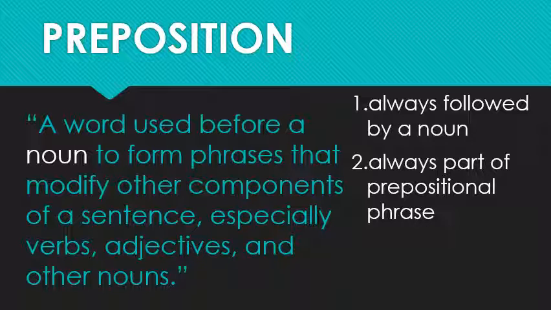For example, who did you talk to? That being said, to is not really by itself. We understand that the actual correct sentence would be, to whom did you talk?